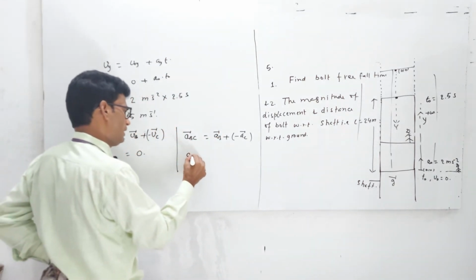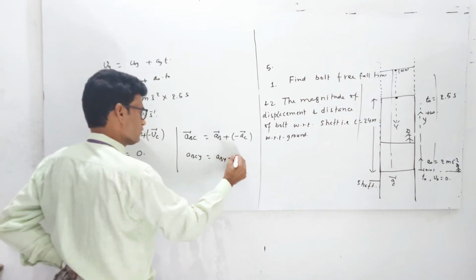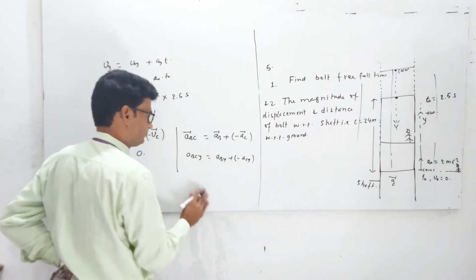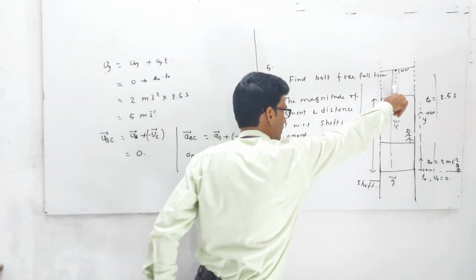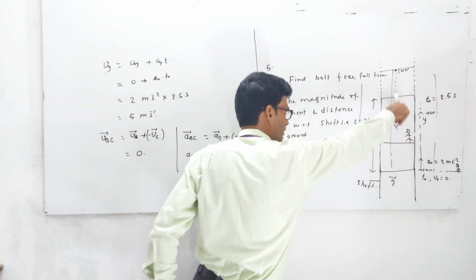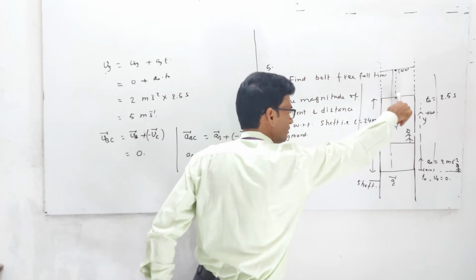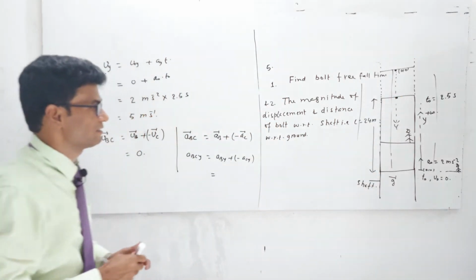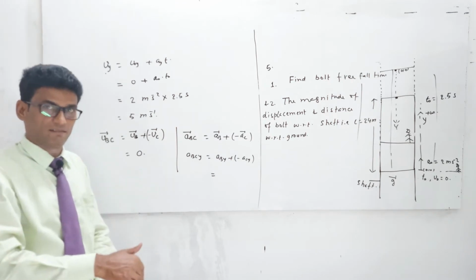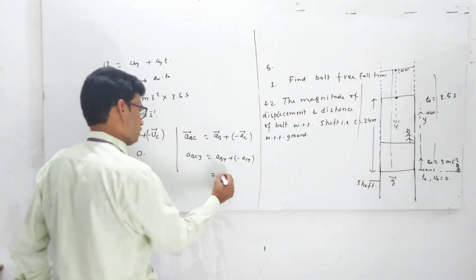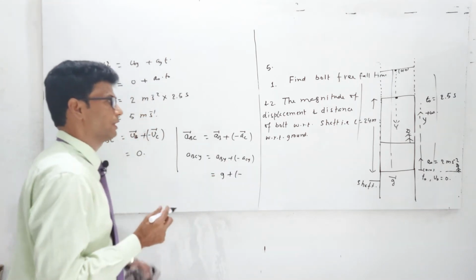So here a_by is a_bc_y plus or minus a_cy. a_by is G, because it is pointing down, which is taken as positive, and once the ball has detached from the ceiling, it is under gravity. So that is why it is G plus or minus a_cy.